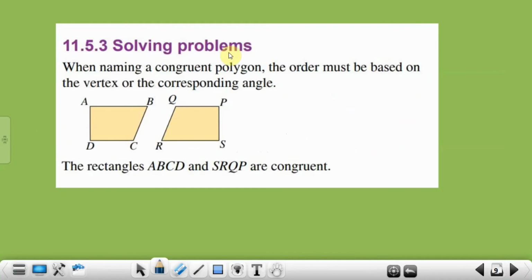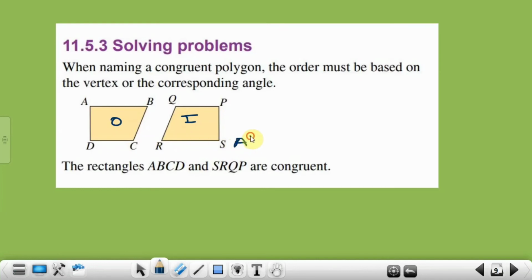Okay, now we go to 11.5.3, solving problems. Before we go to the question, how to name a congruent polygon? Let's say you have A, B, C, D. For the congruent polygon, you must name the image by the same sequence as the object. So this is A prime. Where is A prime actually? A prime is here, right?